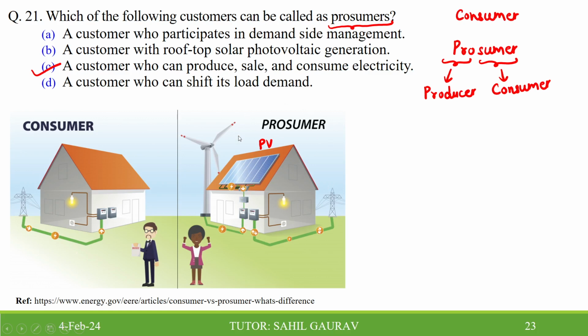In that way they become prosumers. The customer is connected with a bidirectional communication link, and the utilities provide appropriate incentives so that they can sell their power. So prosumer means a customer who can produce, sell, and consume electricity.